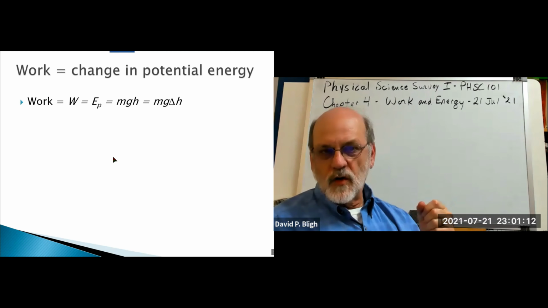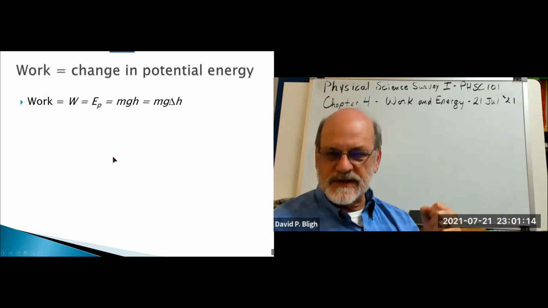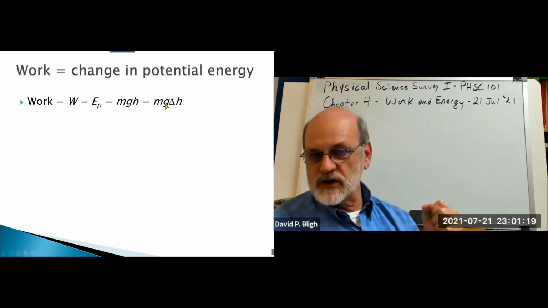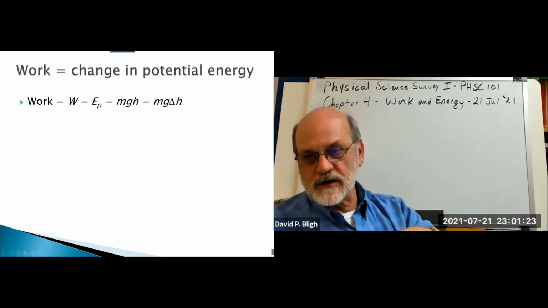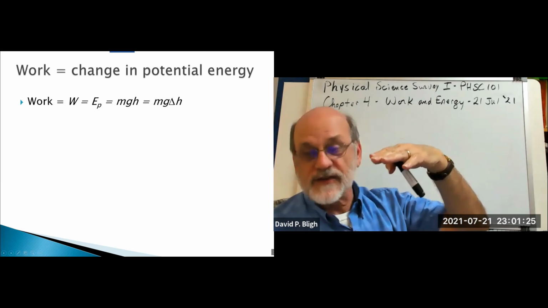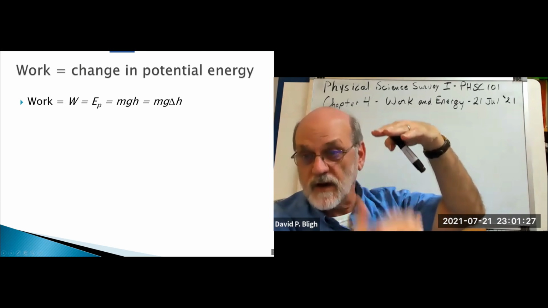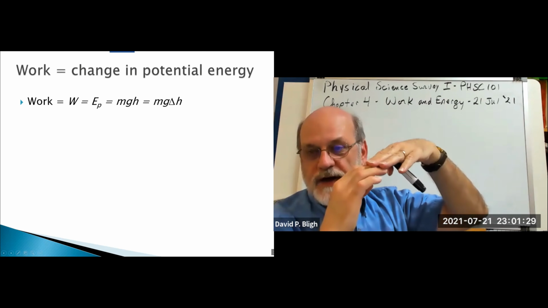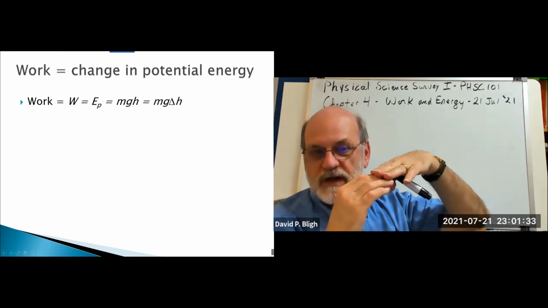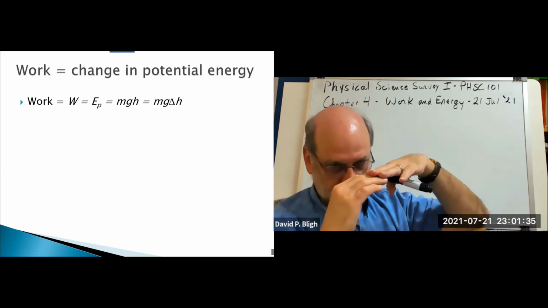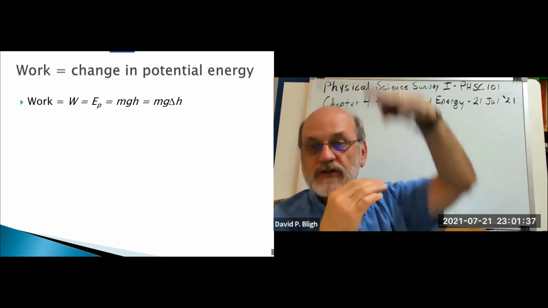Okay, so if work done is a change in potential energy, we get this formula. Work is equal to mg delta h, a change in height. So suppose the object is already at this height. Well, it has some stored potential energy between there and the ground, but we want to find out how much more potential energy it gains by virtue of moving it to a new height.